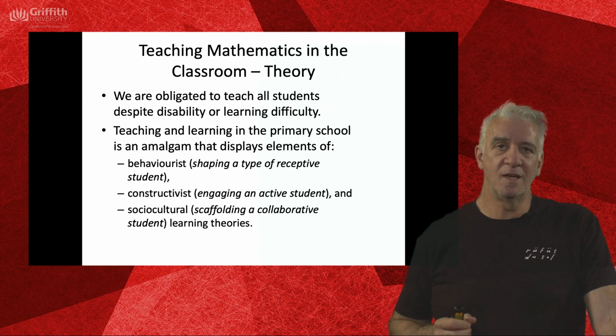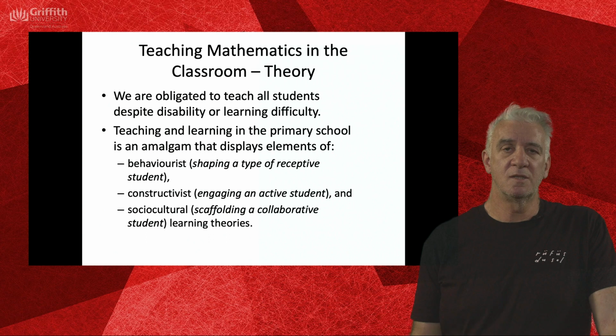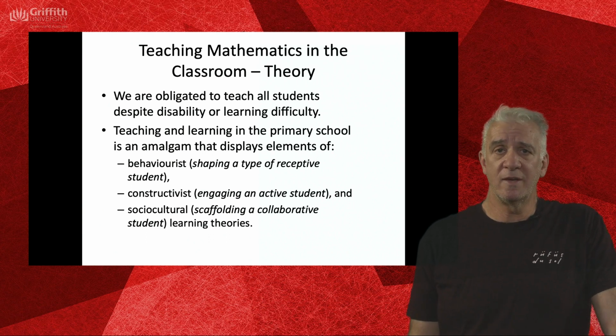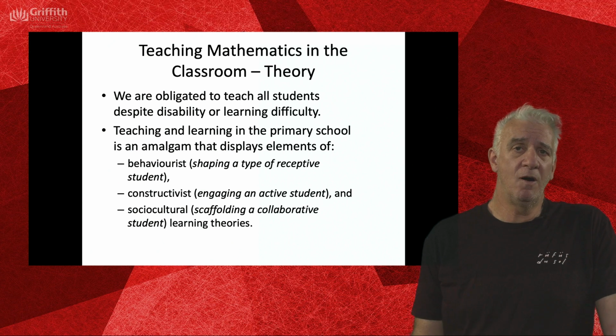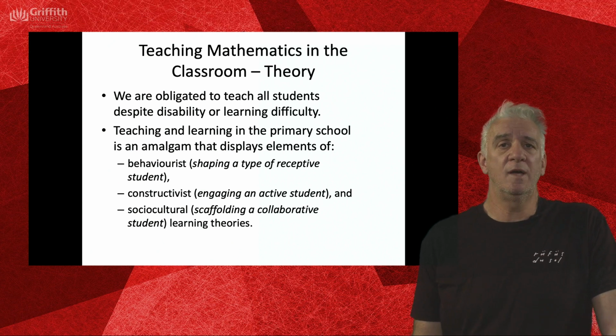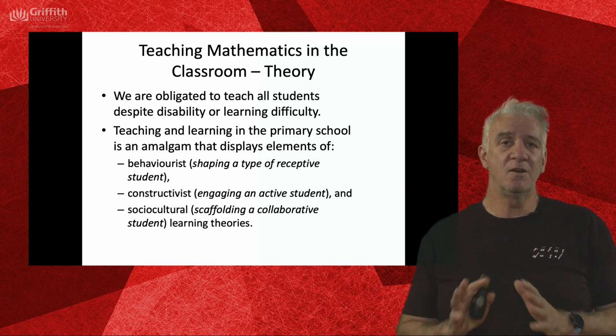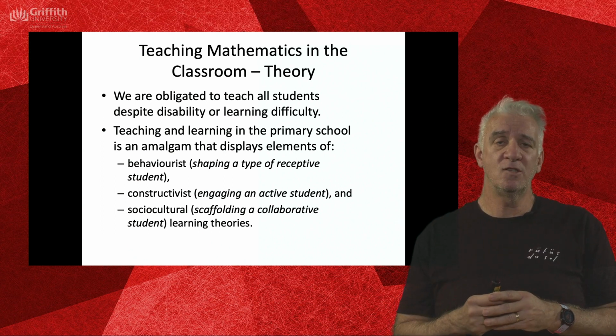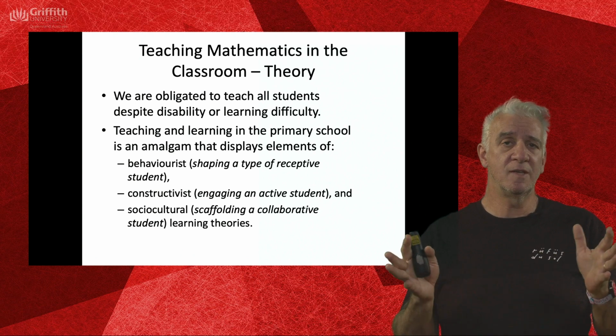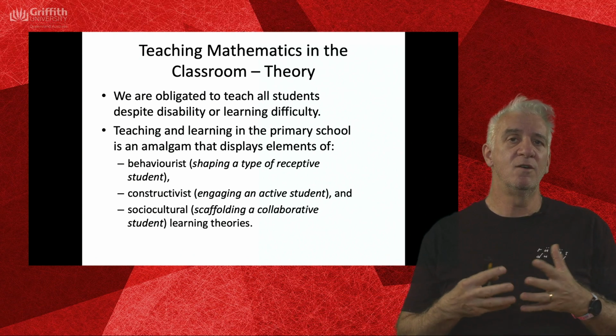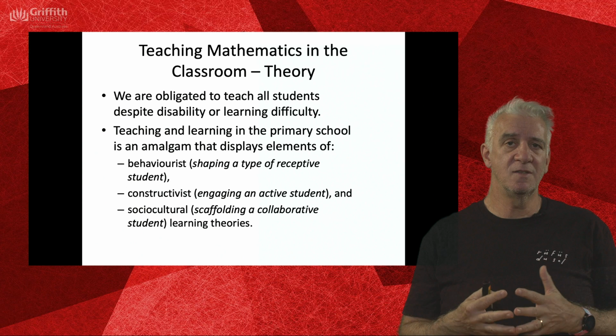So the first thing is, and this is not theory, that we are obliged to teach all students, despite whatever their abilities are, whether they have learning difficulties, what their interests are, where they come from, all sorts of variables. Because in any class, there is a huge diversity. Even if you think the group is quite homogenous, there will be diversity around a whole range of things.